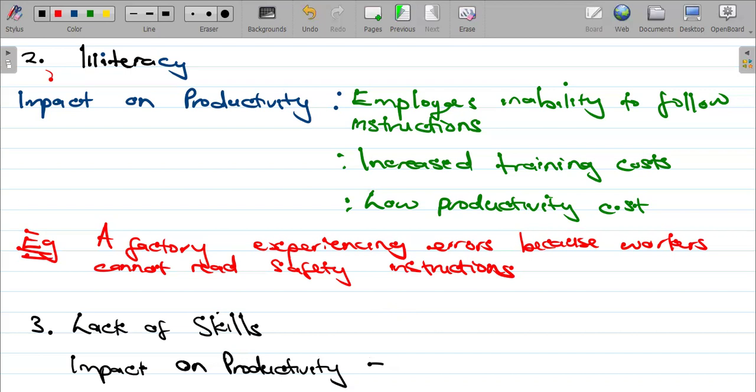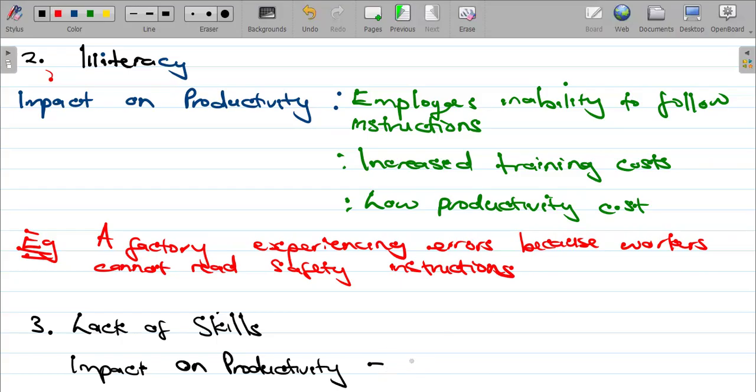And also there will be poor service delivery as well as increased recruitment cost. The organization has to recruit skilled people who are able to perform. So there will be an increase in recruitment cost.